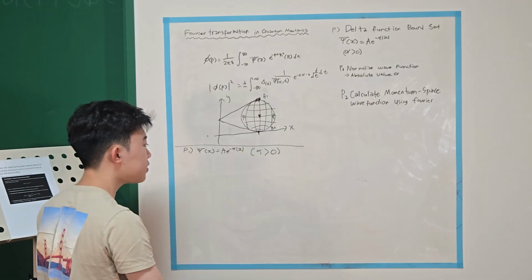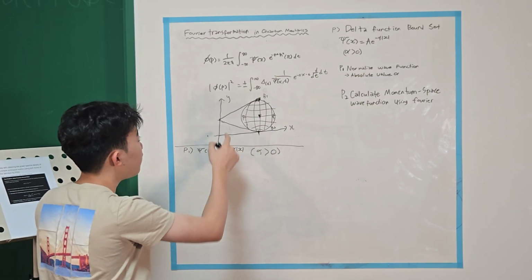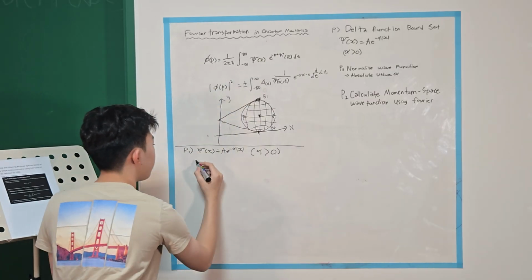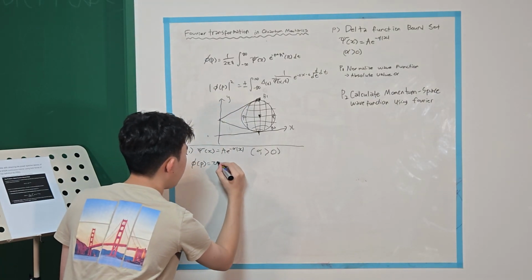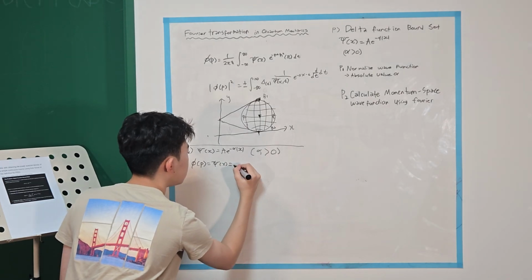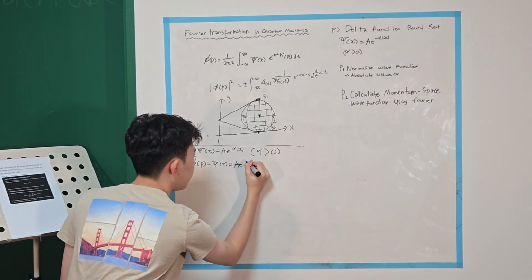So, I mean 1. First of all, we're going to put this in first. We're going to put this as this, which equals this. Very basic.